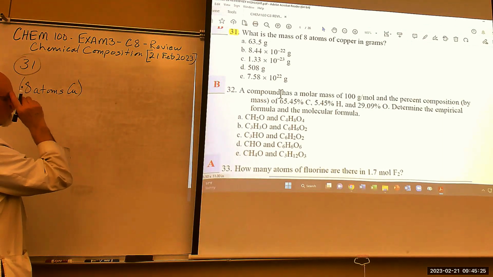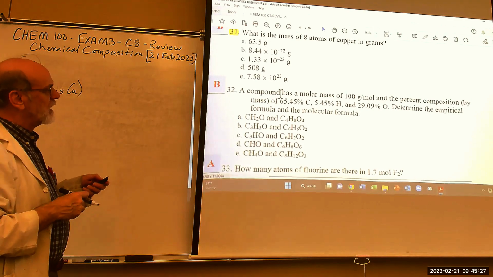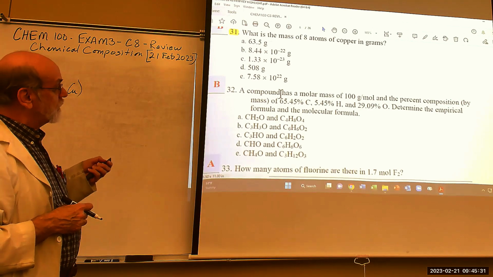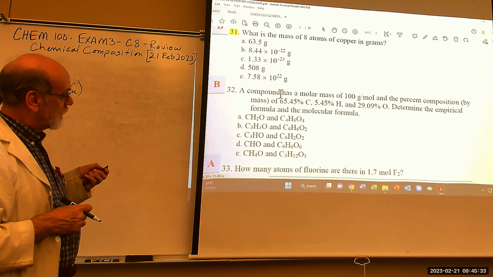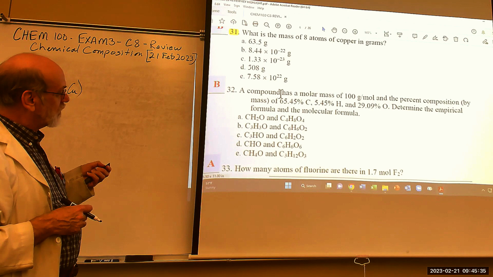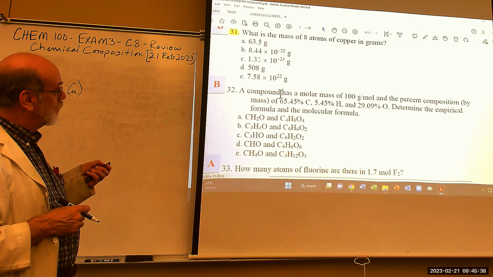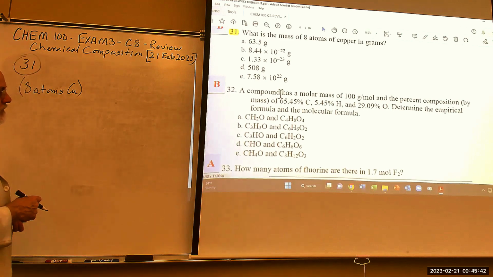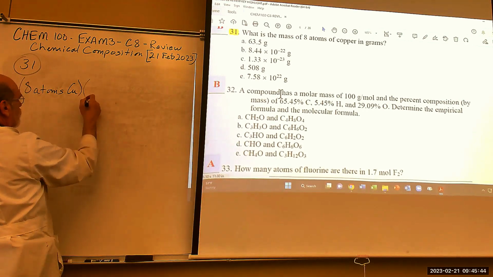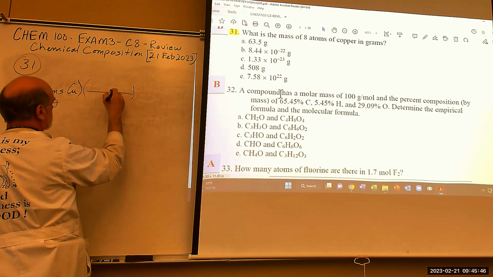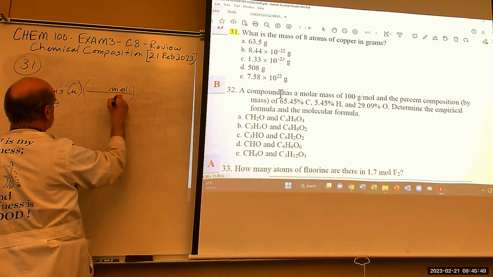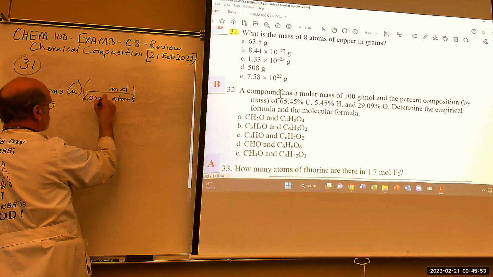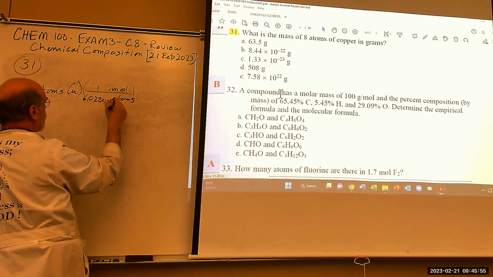Okay? Well, here's one thing we can do. If you've only got 8 atoms of copper, they're not going to be this mass. They're not going to be that mass. They're not going to be this mass. It's going to be one of these two. Right? So, convert to moles first from atoms. 6.022 times 10 to the 23rd atoms per mole.